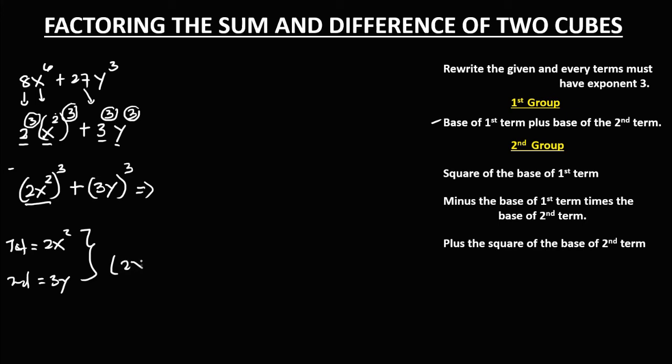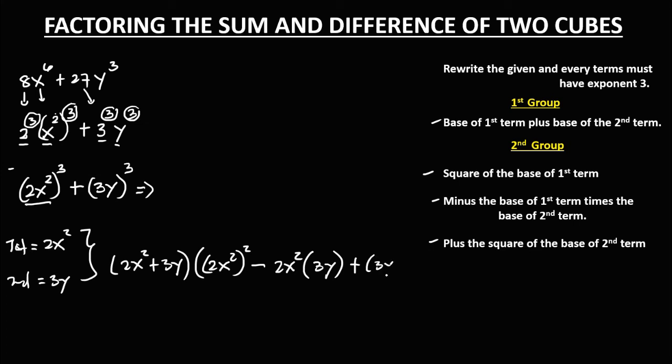So we have 2x squared plus 3y, then times the square of the first term, so the square of 2x squared, then minus the base of the first term times the base of the second term. So minus 2x squared times 3y, then plus the square of the base of the second term. So plus 3y, then to the power 2.